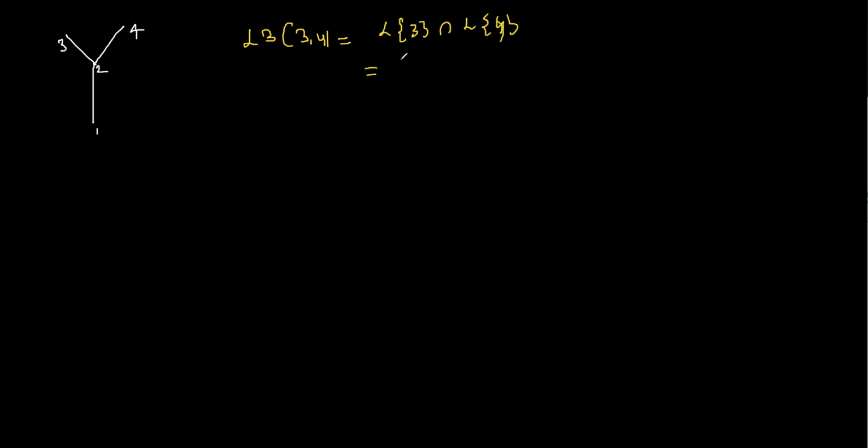So 3 means what? Including 3, take all the values which are going downside. Right? 4, 2, 1. So what are the common elements? 2 and 1.